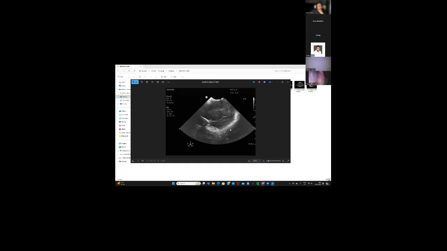This is the outermost. I was trying the right, and then the left side, but clearly did not manage to. No worries. This probably is the caudothalamic groove and the choroid plexus.